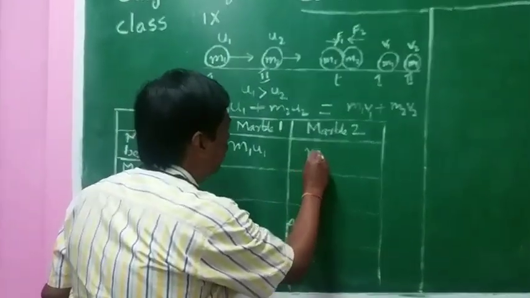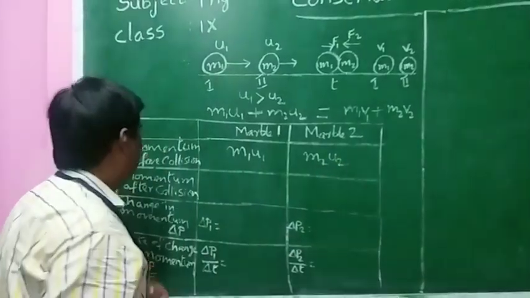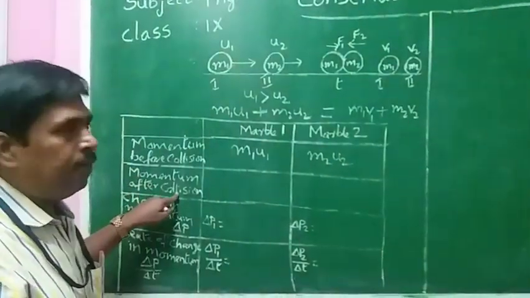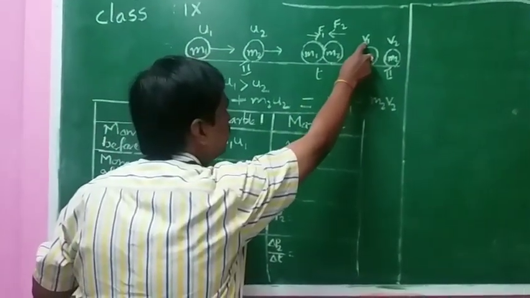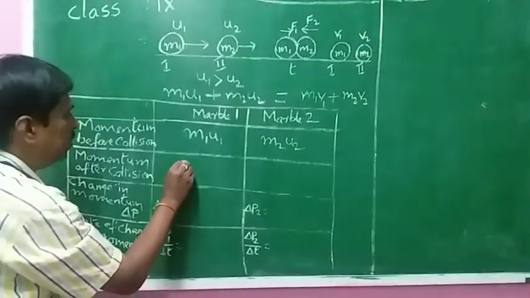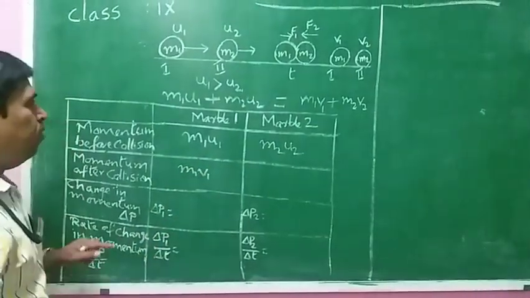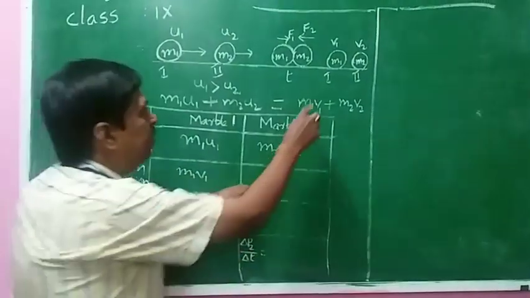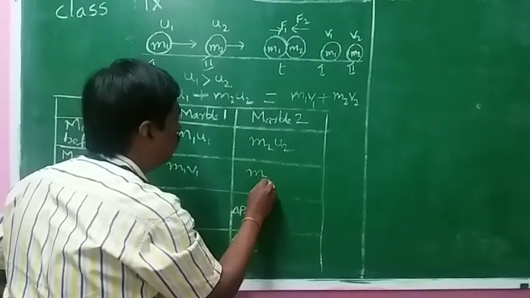Next, the momentum after collision. After collision the first marble changes its velocity to v1, so the momentum after collision is m1 v1. Similarly, for the second marble after collision, the momentum changes to m2 v2.